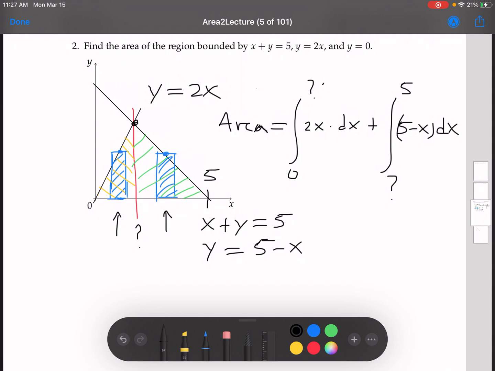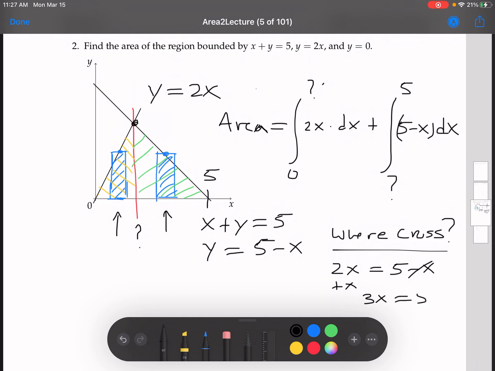The real difficulty is finding where these two graphs cross. Remember, to find where two graphs cross, we set their functions equal to each other. So where do they cross? Let's set them equal: 2x equals 5 minus x. Adding x to both sides, 3x equals 5, x equals 5/3.